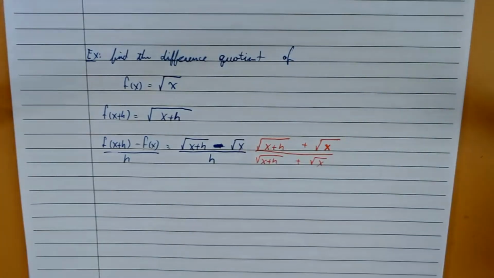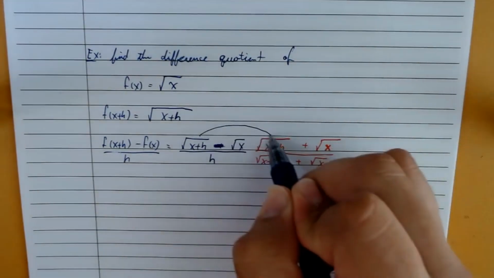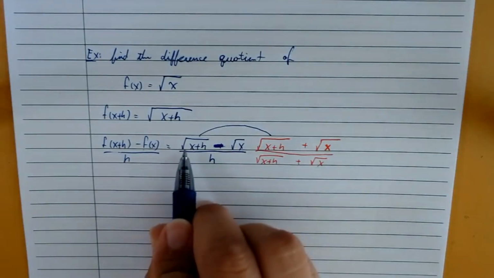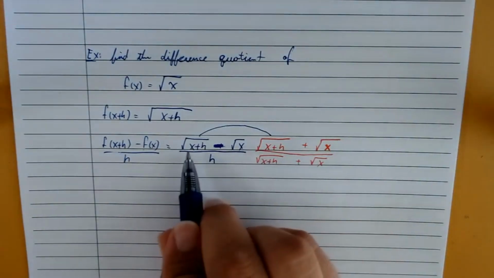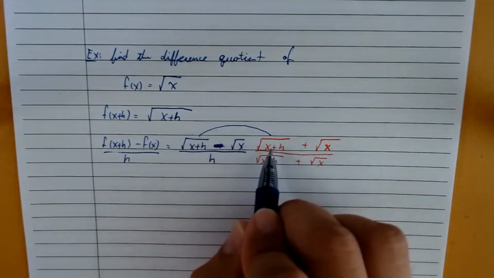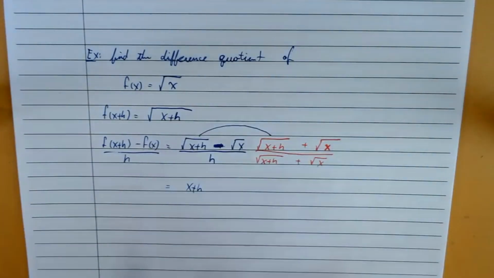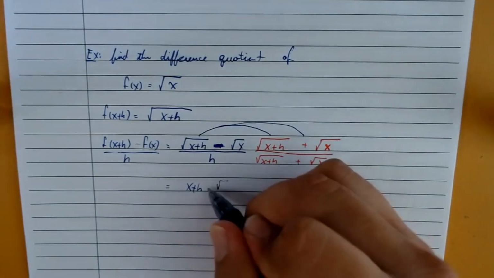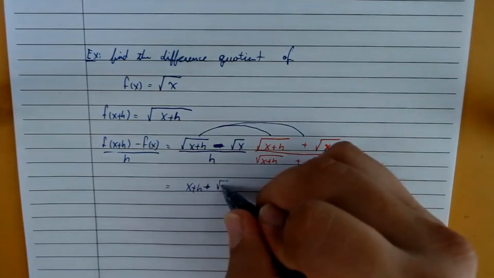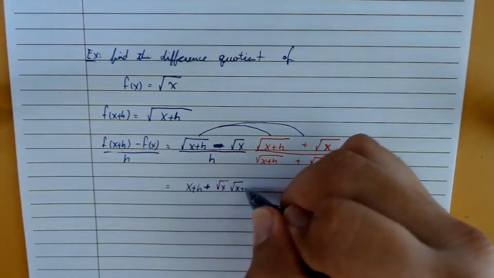Okay. All right, so by doing this, what we're going to get is, well, you multiply these two together. That's root x plus h times itself. That's root x plus h squared. And the square will get rid of the root. If we multiply these together, that's just plus root x times root x plus h.